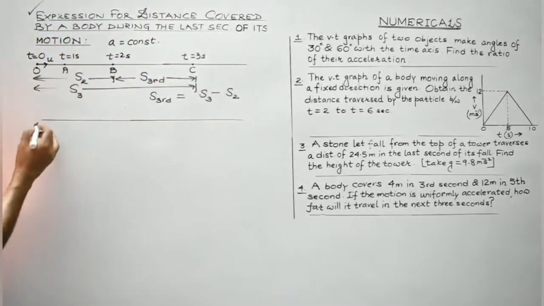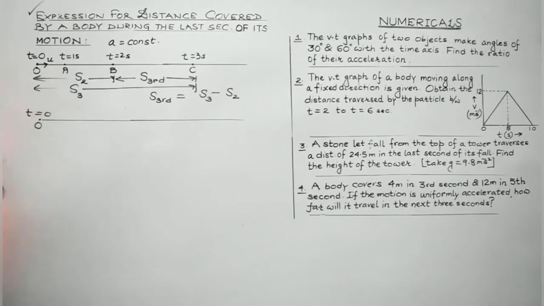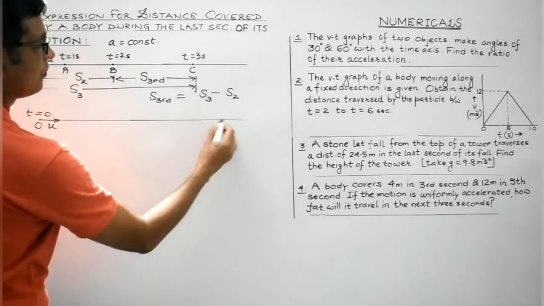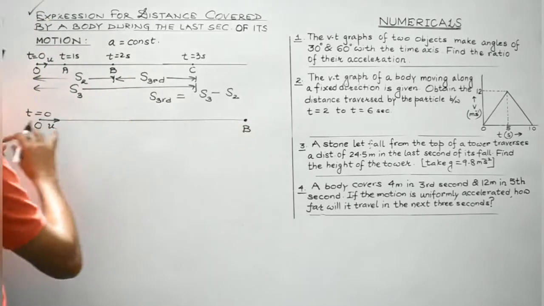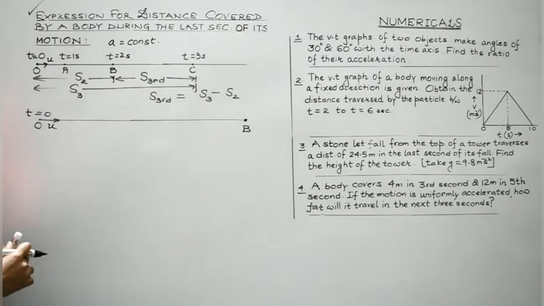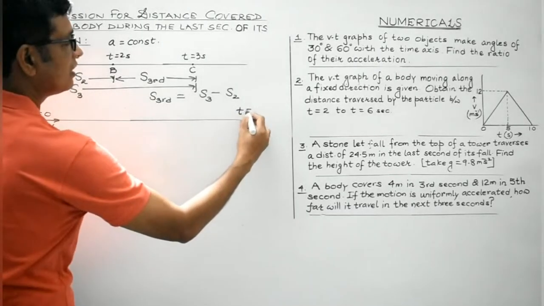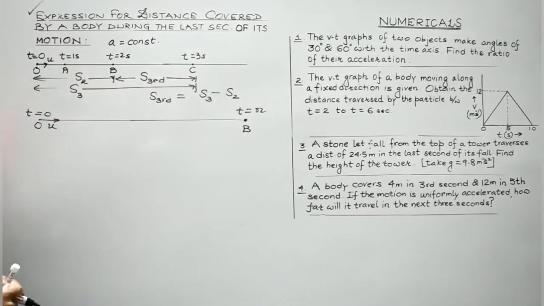Okay, so let's generalize it. Suppose this is the origin, the body is at point O and having initial velocity u, right? And the body is to cover distance OB, and it is covering the entire distance in n seconds.